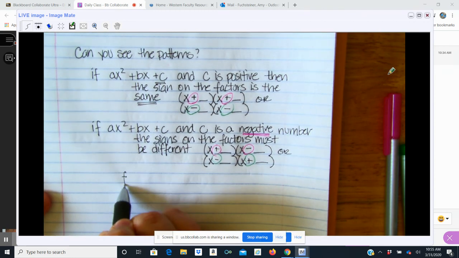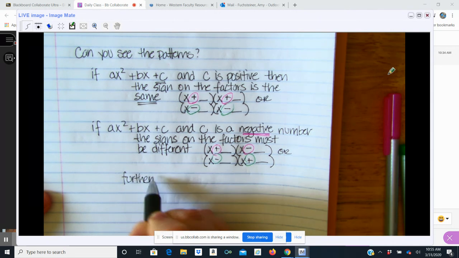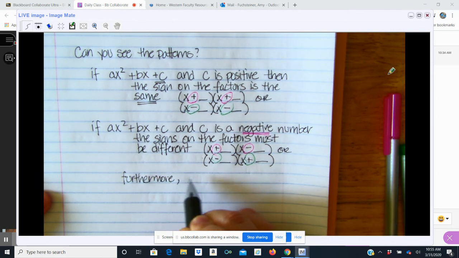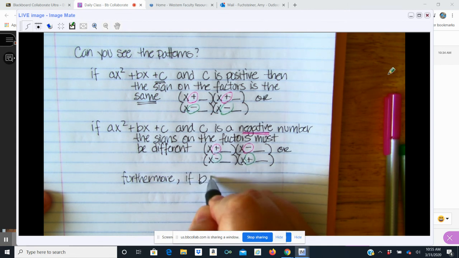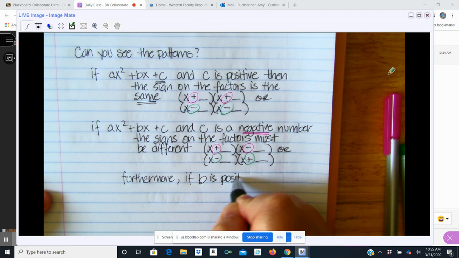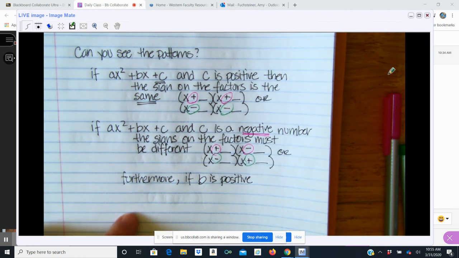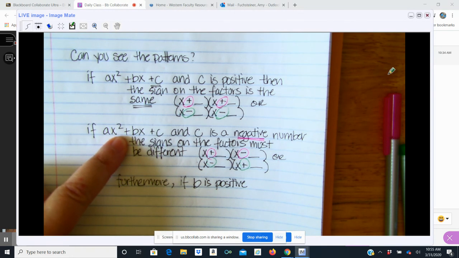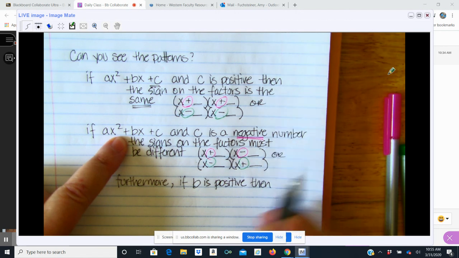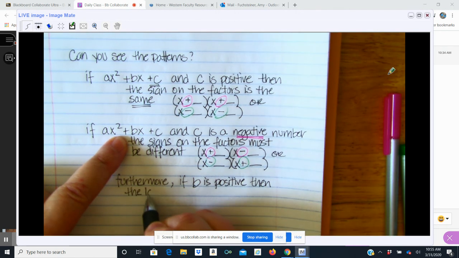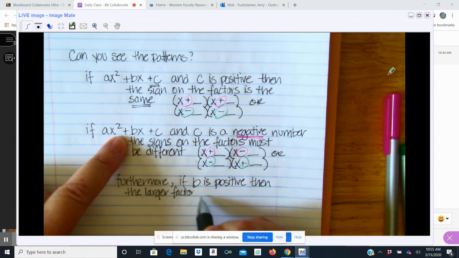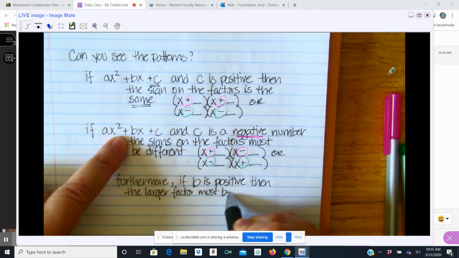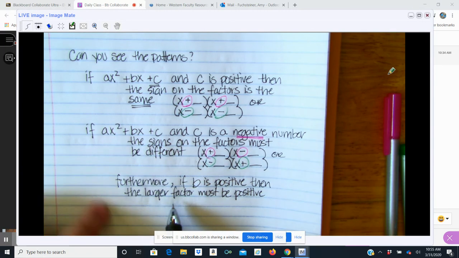Furthermore, in this case, if your b is positive, then the larger factor must also be positive.